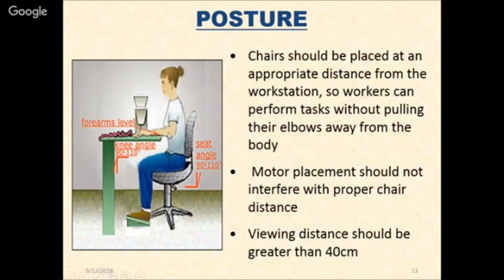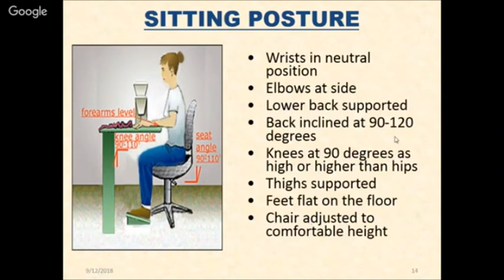For some workers the elbow was below, for some it was high. So they were finding it quite difficult to work. Motor placement should not interfere with proper chair distance. Viewing distance should be greater than 40 centimeters. So this distance from where they can view the different operations should again be greater than 40 centimeters.